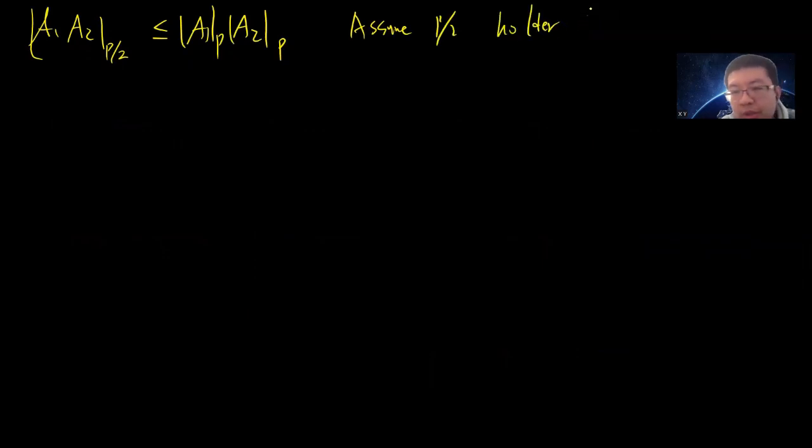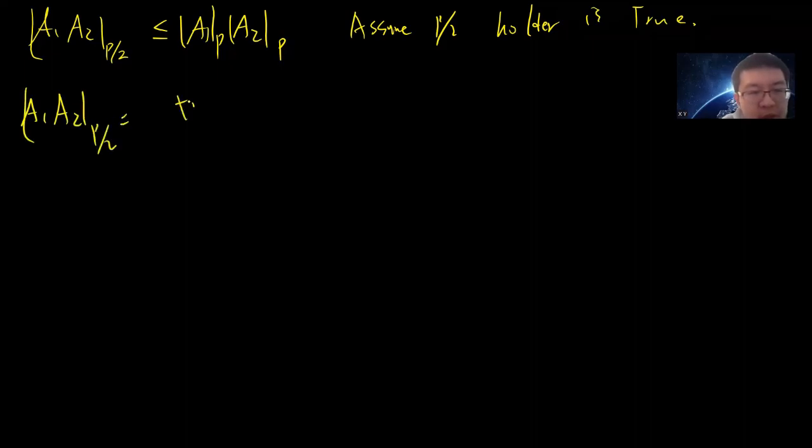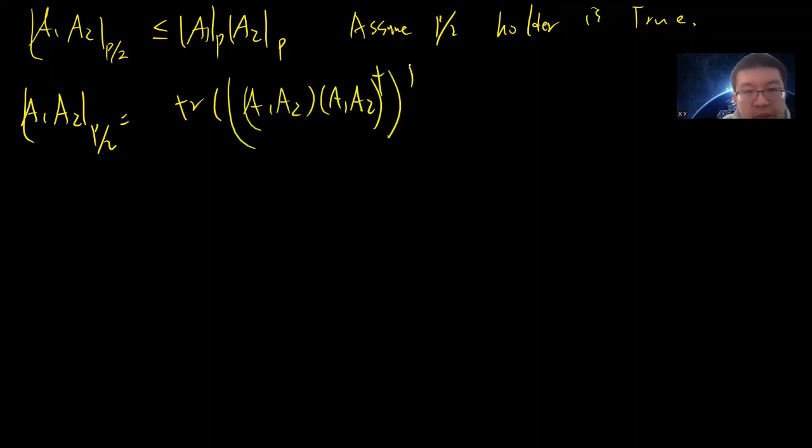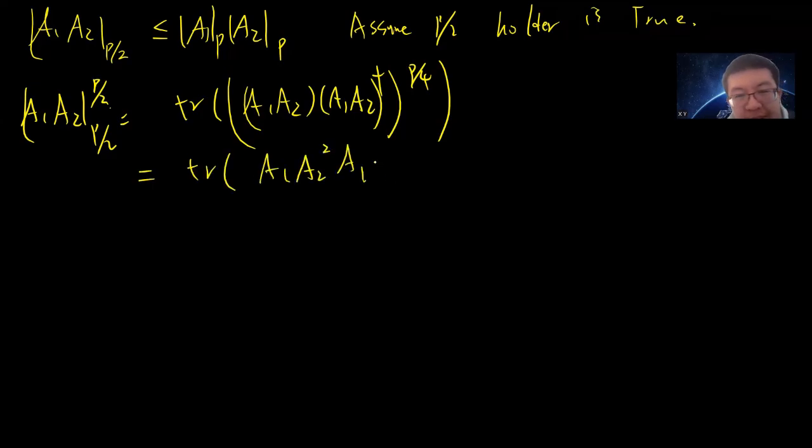The non-commutative Holder inequality is true. Then the rest is trivial because I just write down the definition. It's the p divided by 2 norm, so it's the trace of A1 A2 and A1 A2 dagger to the p divided by 4, and let's take the p divided by 2 here. So basically it's the trace of A1 A2 squared A1 to the p divided by 4.